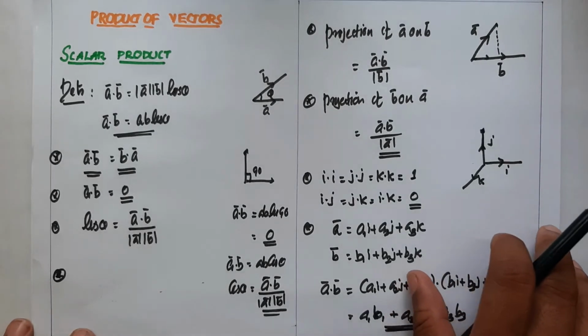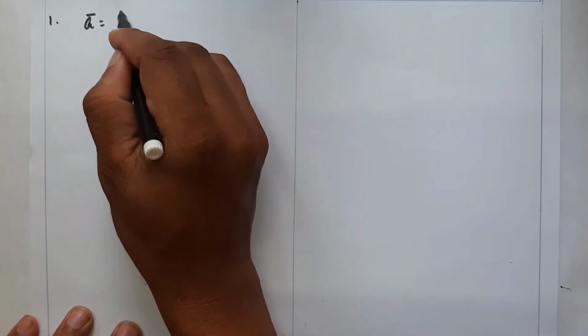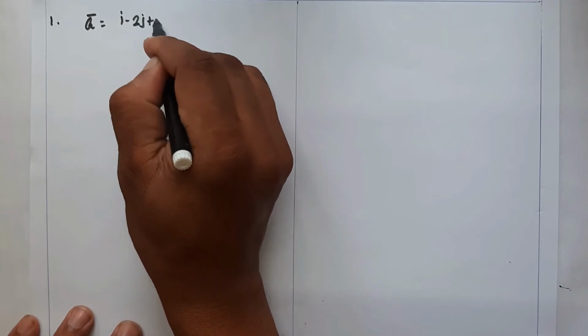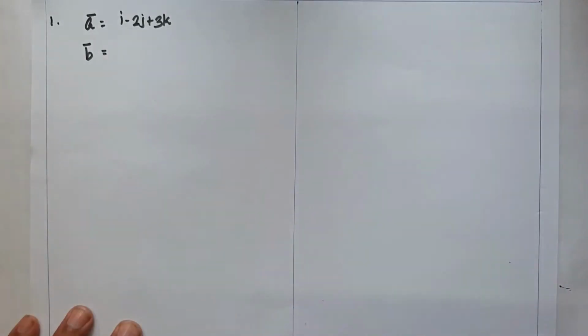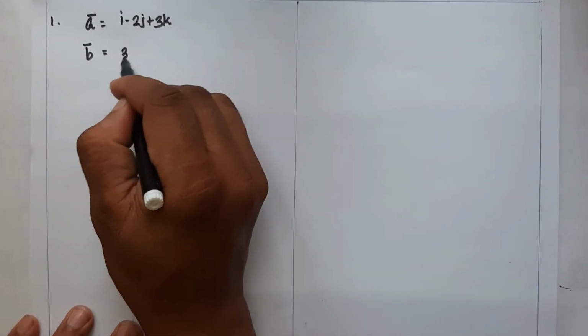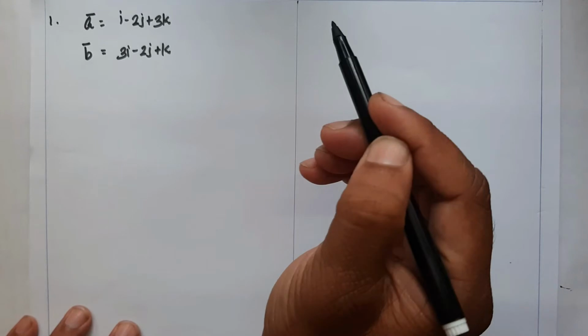Now let's discuss some problems based on these results. Our first question: find the angle between vector A equal to i minus 2j plus 3k, and vector B equal to 3i minus 2j plus k.